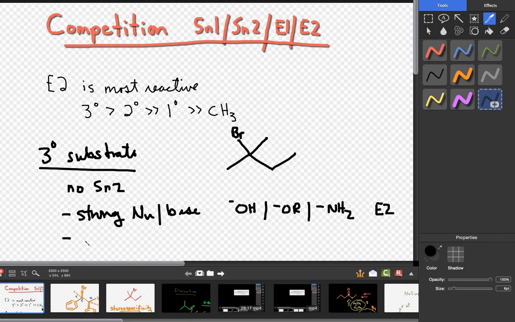If, however, the nucleophile is weak, there is going to be significant competition between the SN1 mechanism and the E1 mechanism. Typically, this is going to be in a ratio of about 80% to about 20%.